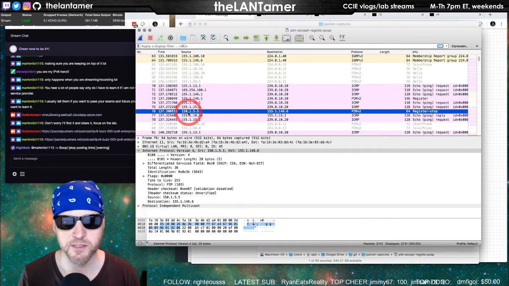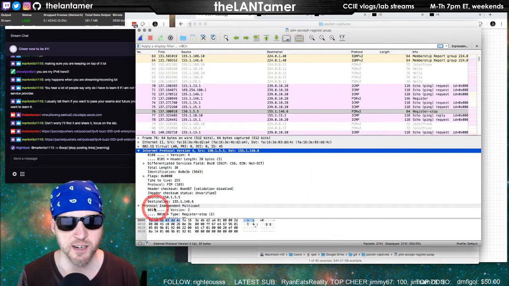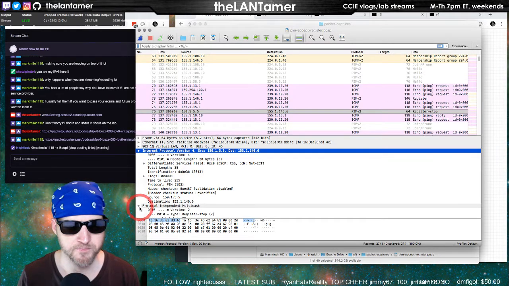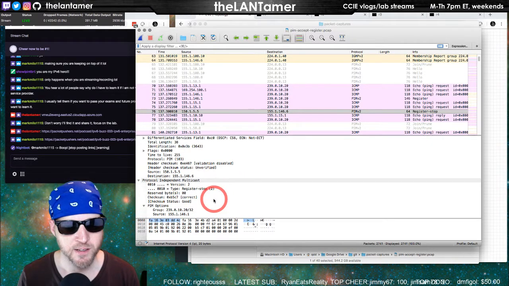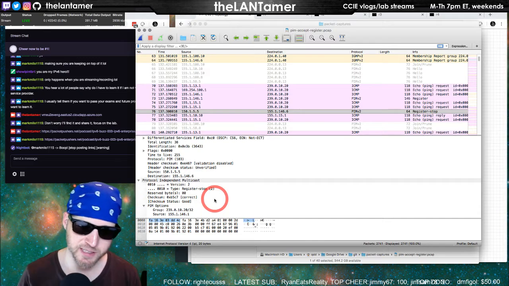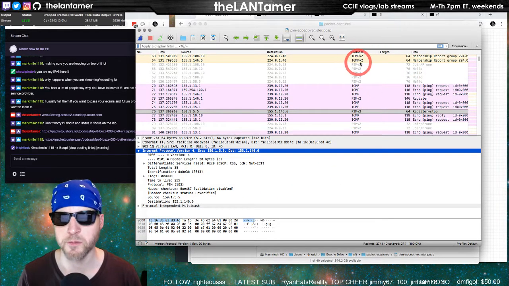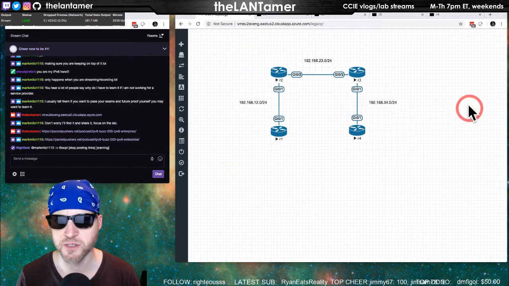This is the router downstream sending back a register stop, and notice this is not ICMP encapsulated, right? Like, hey, thanks, but no thanks. So that's really more of a recap from yesterday, but I was fascinated by that.